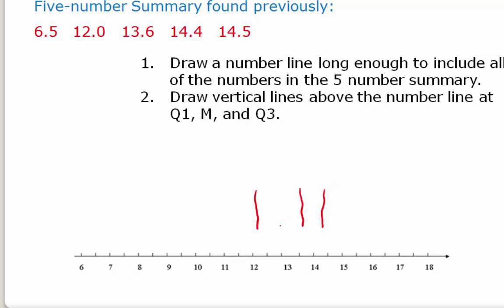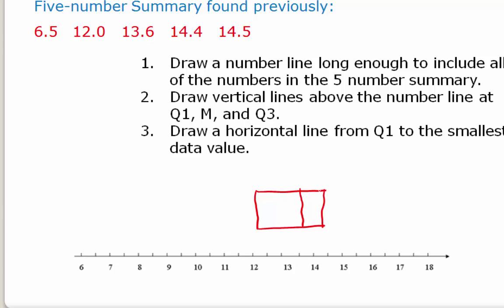Somewhere around in here. So we're essentially making a rectangle that starts at the first quartile, ends at the third quartile, and has the median marked in between. Then we're going to draw a horizontal line from the first quartile out to the minimum data value. The minimum data value was 6.5, so it would be out here.